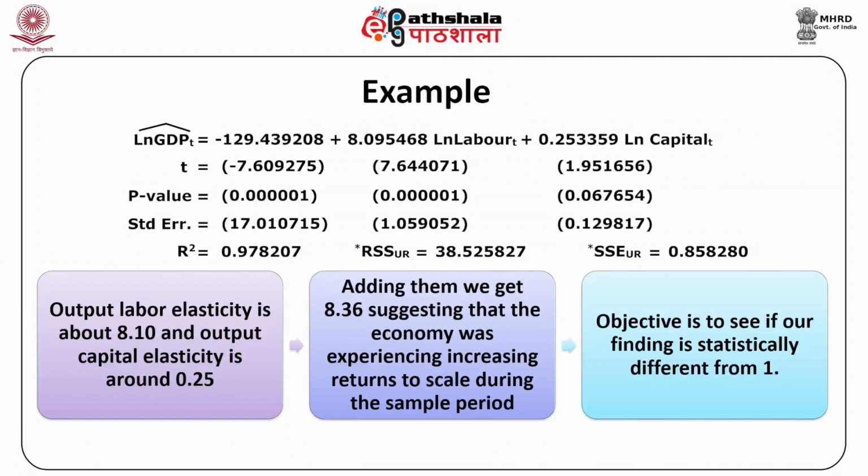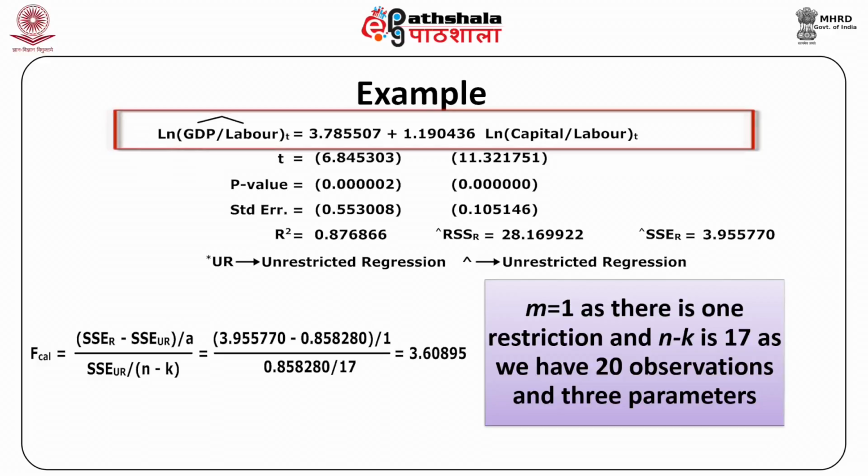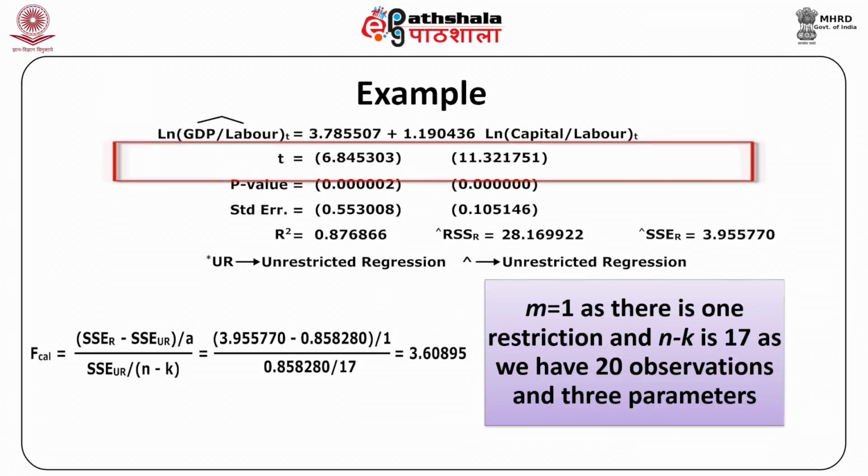Now, our objective is to see if our finding is statistically different from 1. For the purpose, we impose the restriction of constant returns to scale and get the following results. ln GDP divided by labor hat_t is equal to 3.785507 plus 1.190436 ln capital divided by labor_t. The t values are 6.845303 and 11.321751.